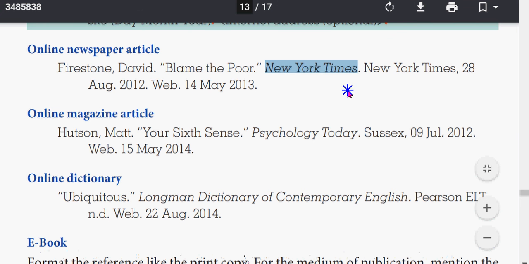And then, in this case, because it's a website, we're going to do the original date and the date that I checked it, I looked at it. The internet is always changing, so both dates are useful: when it was originally written and when I looked at it.